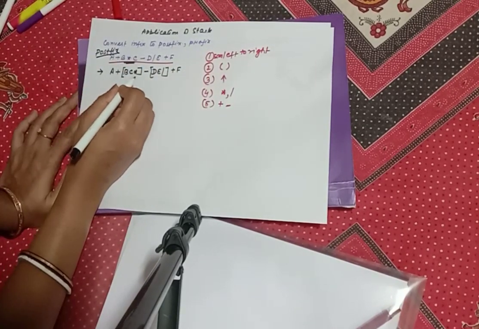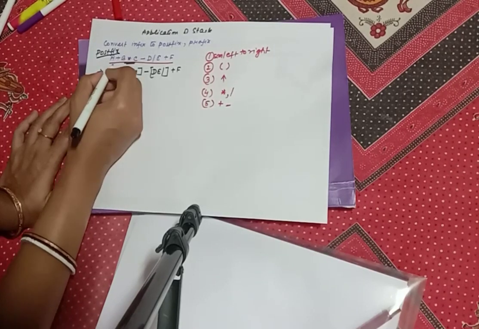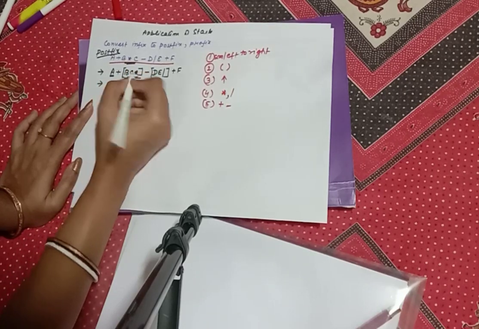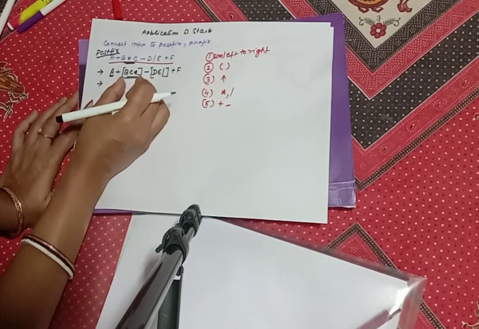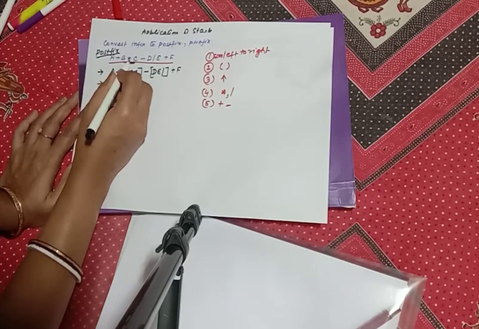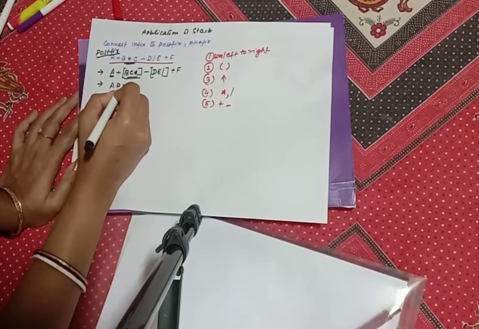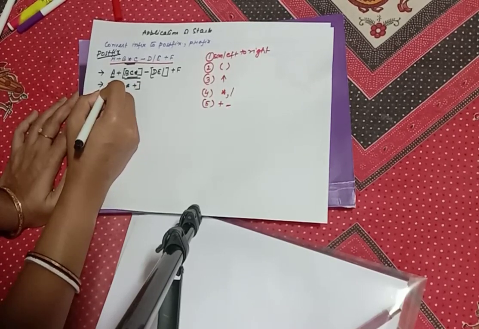Now while scanning from left to right, we see the plus occurs between two operands, one is this and another one is this. Now this portion which has been solved will be regarded as a single operand. So we will transfer this plus at the last, that is A, B, C star, and plus will come here.